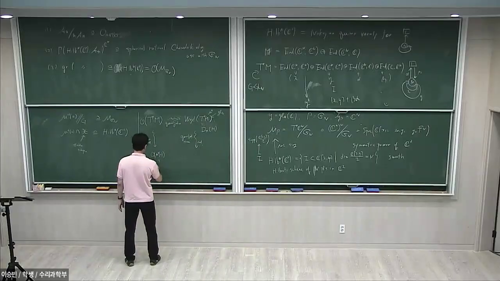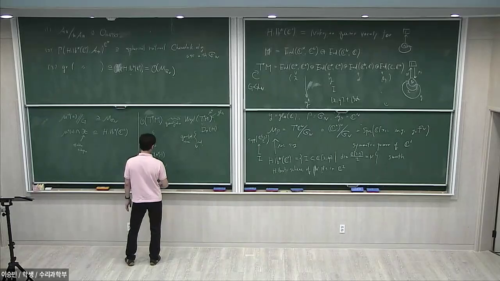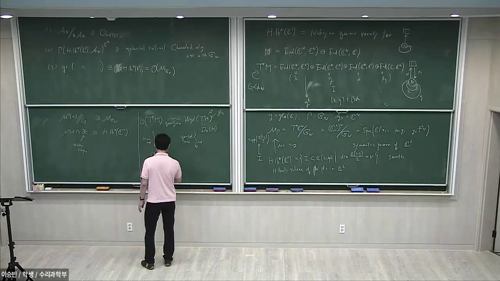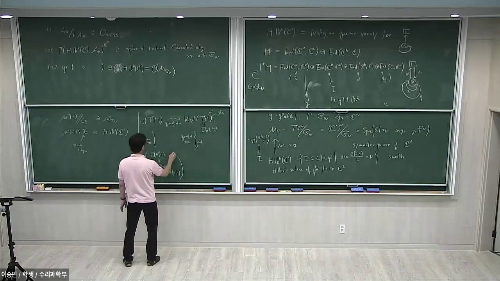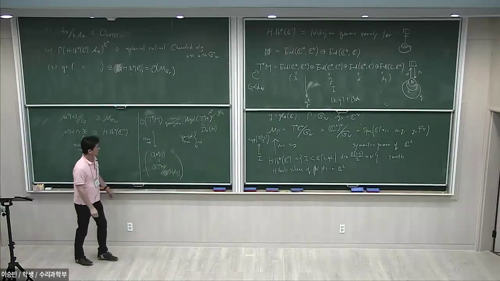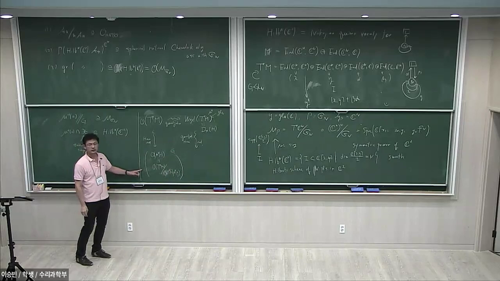So this is what I want to say. This is a quotient by the ideal generated by something like this, and you take the G invariant. And this kind of construction very naturally quantizes.